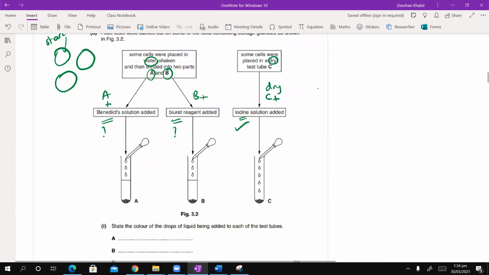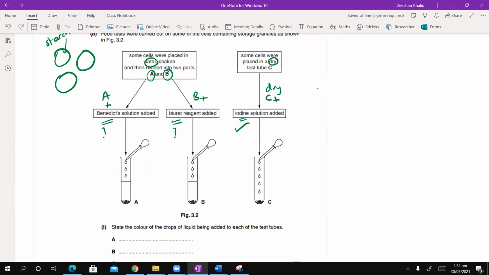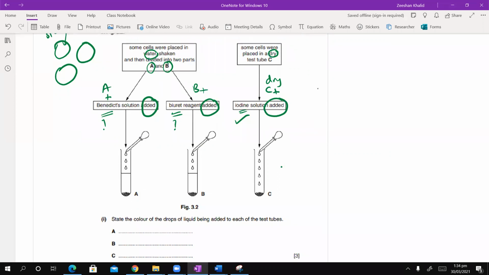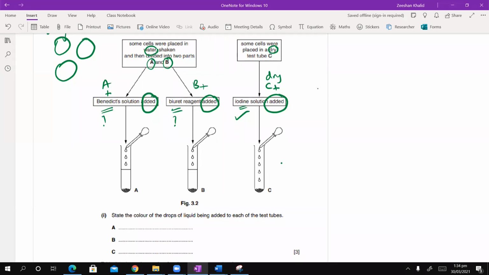State the color of the drops of liquid being added to each test tube. Three liquids have been added: Benedict solution, Biuret solution and iodine solution. So state the color of drops of liquid being added to each test tube. In test tube A, Benedict solution was added. What is the color of Benedict solution?